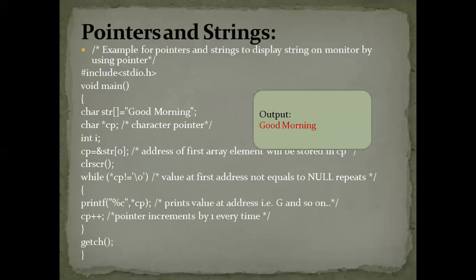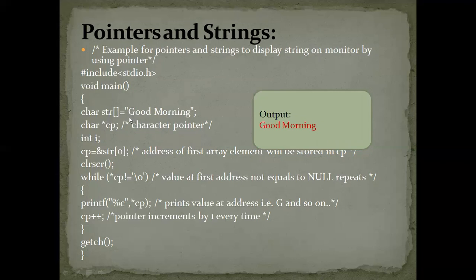Then pointers and strings. How is the pointer related to the string? Here is an example of pointers and strings to display a string on the monitor by using the pointer concept. This is a header file. Execution of the program always starts from main.